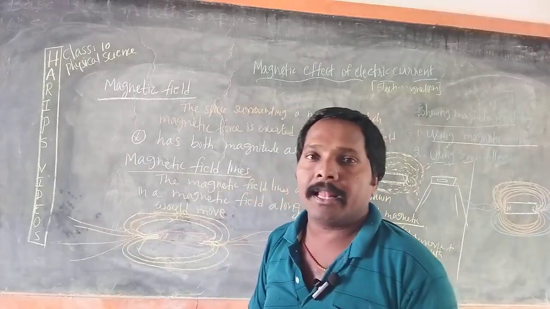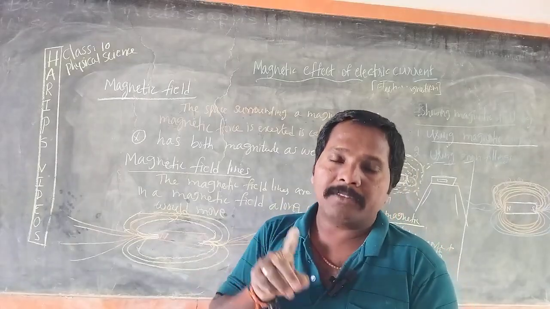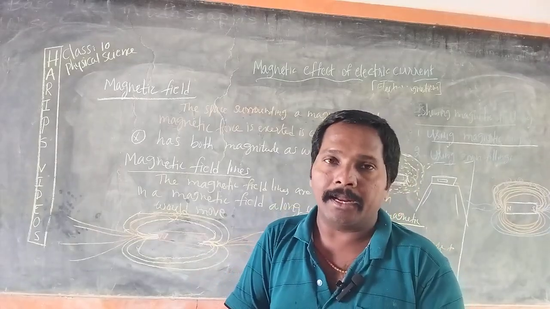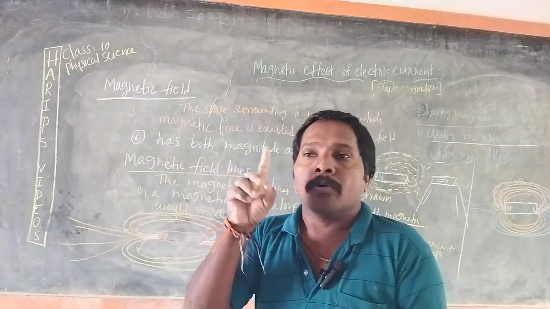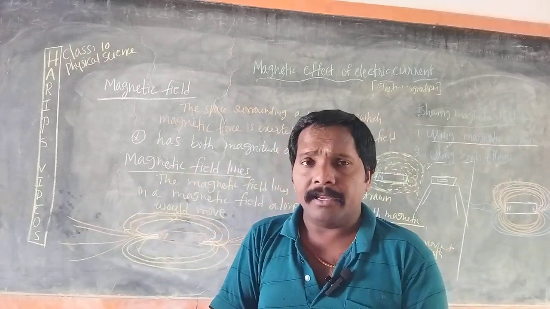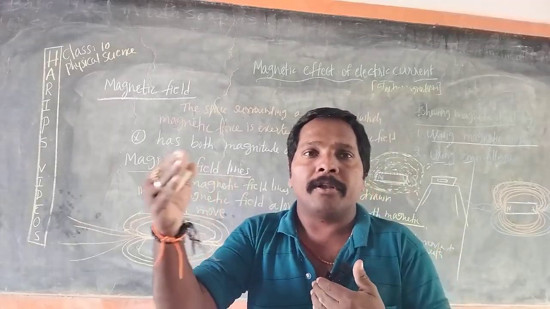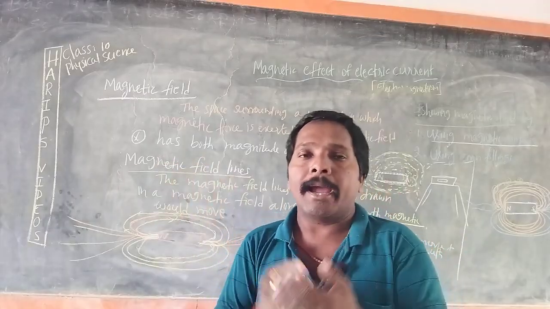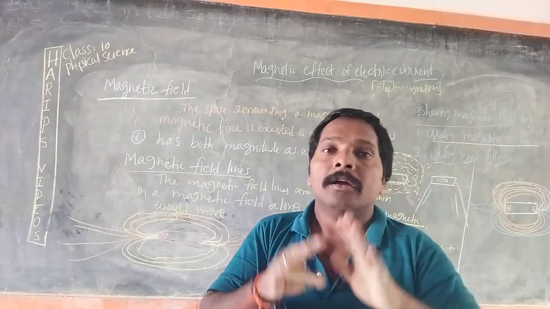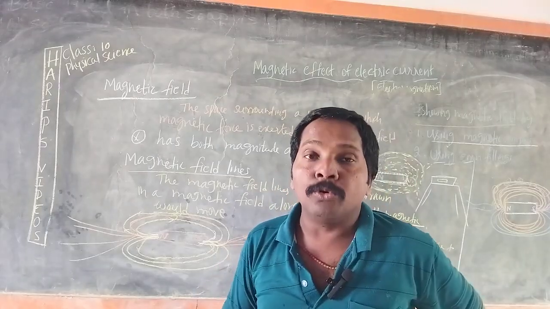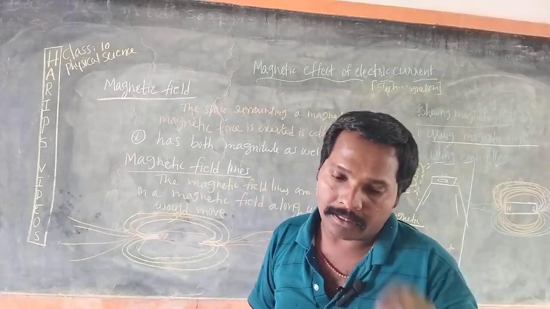So magnetic field lines emerge from the north pole of a magnet and merge at its south pole. They are very close at the poles, farther apart at other places, and they do not intersect or cross one another.